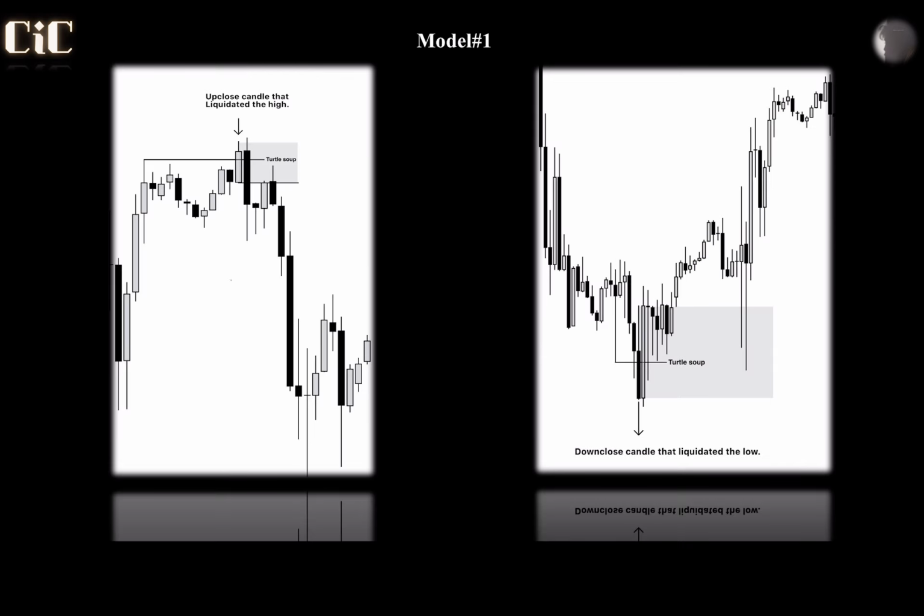Next up, you have the famous model number one. Model number one simply refers to the up close candle that liquidated the high, or the down close candle that liquidated the low. This one specific candle.